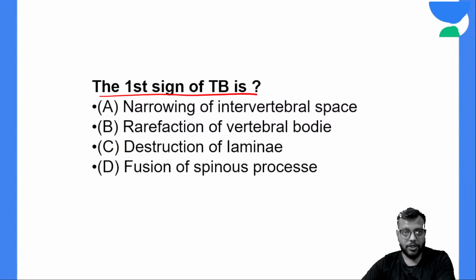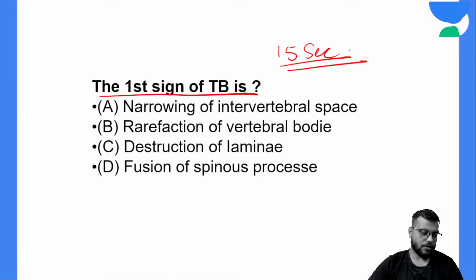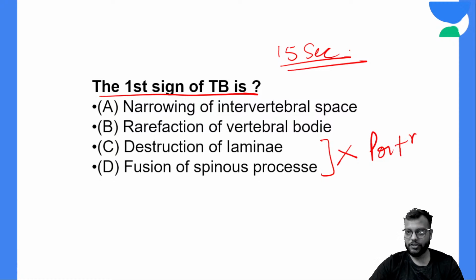Now next question, the first sign of TB is, here are your 15 seconds. Okay, so destruction of the lamina and fusion of the spinous process will definitely not be the first sign, because these two are the posterior structures.